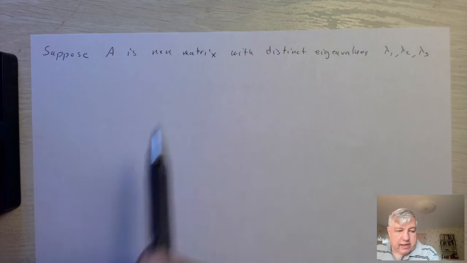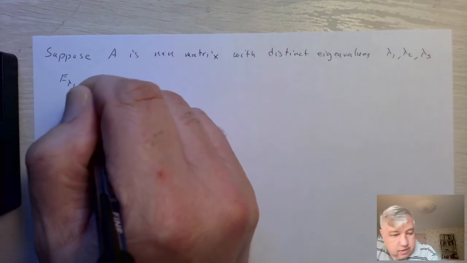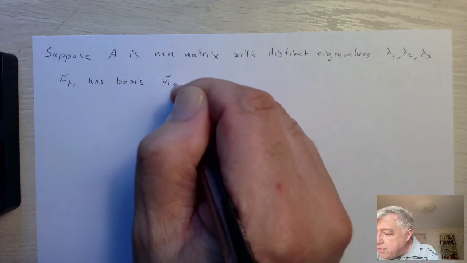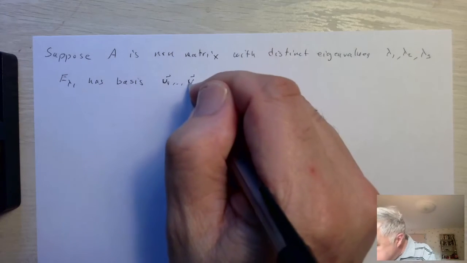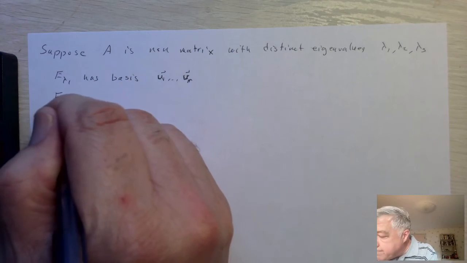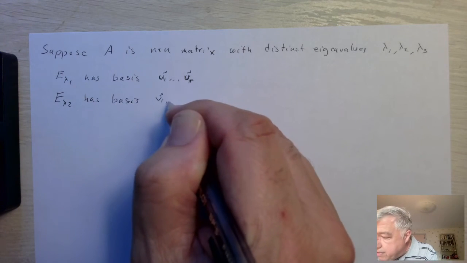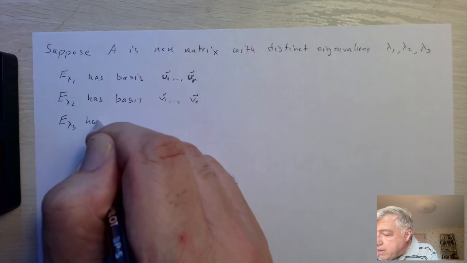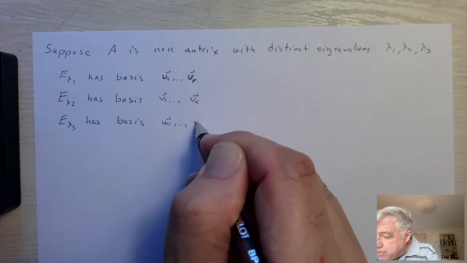So we're going to get three corresponding eigenspaces. Let's assume that E lambda 1 has a basis denoted by U1 through UR, and then E lambda 2 has a basis V1 through VS, and E lambda 3 has a basis W1 through WT.